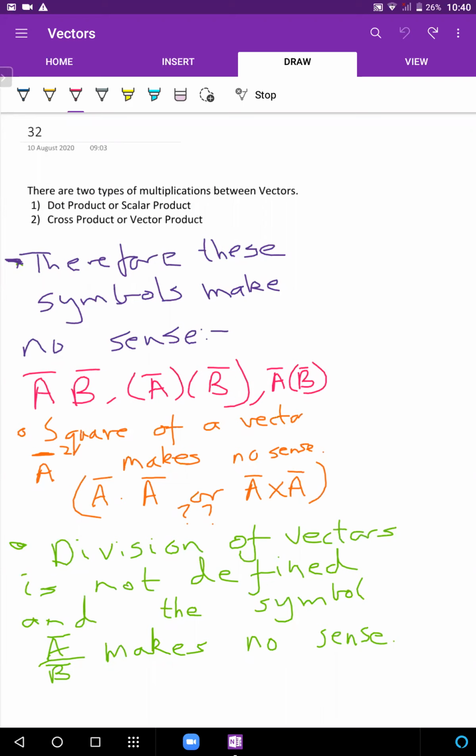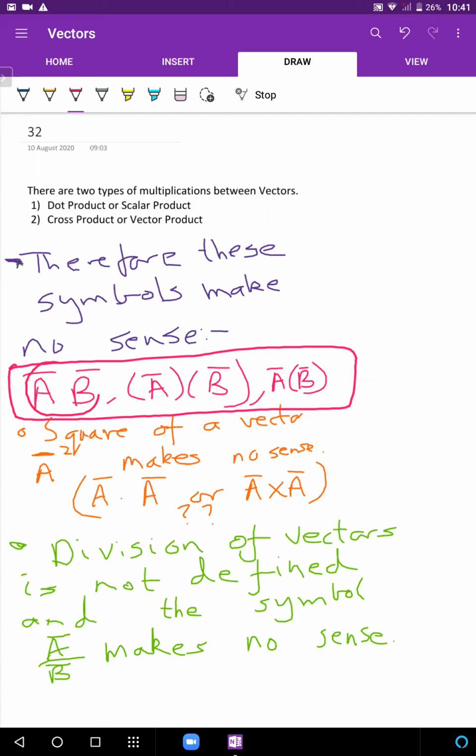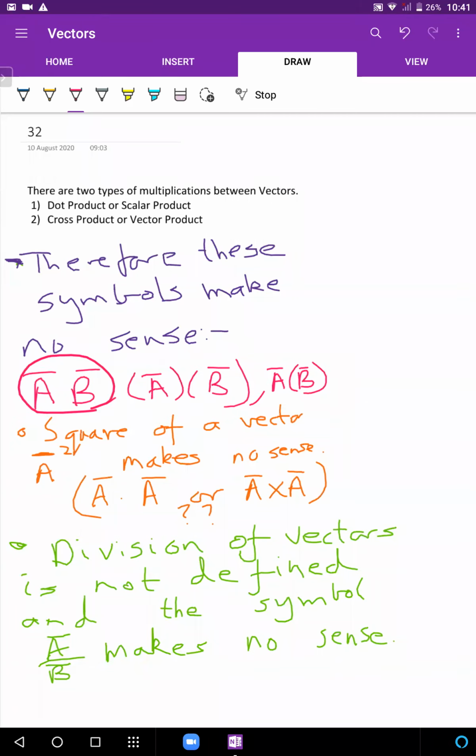Now, these symbols make no sense. Which symbols make no sense? Any of these symbols, because all they tell you is that a bar and b bar have to be multiplied, but not which type of multiplication. There are two types of multiplication. You will very soon see that the symbol for dot product is this and the symbol for cross product is this.